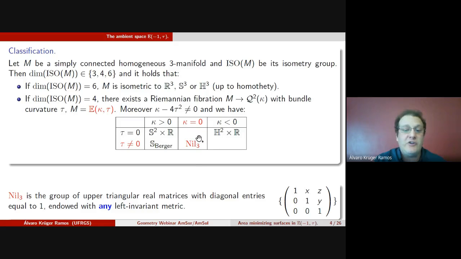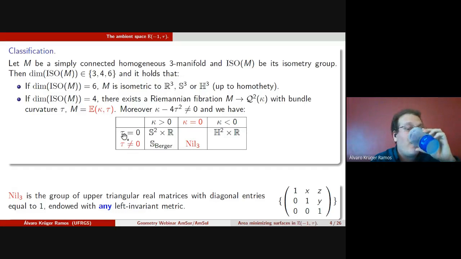Okay, so if tau is non-zero but kappa is 0, we have Nil3, which is the Heisenberg group, but not the Breaking Bad Heisenberg, I want to tell you. It is the group of upper triangular real matrices with diagonal entries equal to 1, so matrices like this. It has a nilpotent Lie algebra, and that's why it's called the Nil group of dimension 3. What is interesting about Nil3 is that any left invariant metric in Nil3 makes it an E0 tau space.